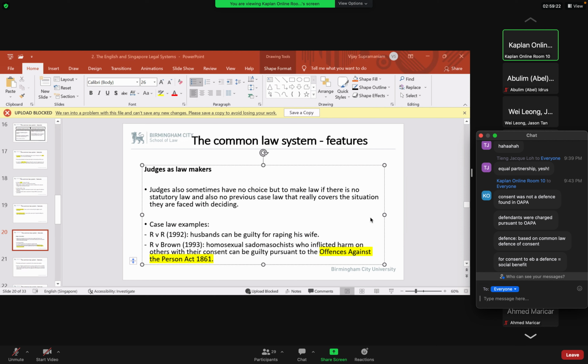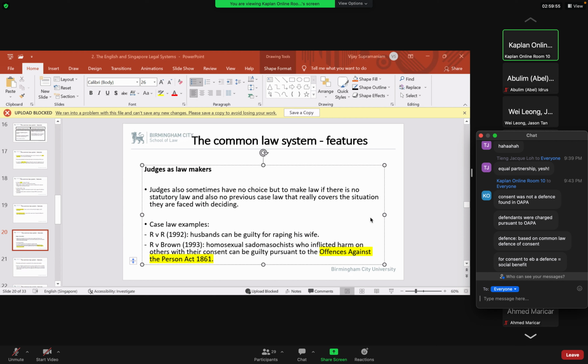Correct? The doctrine of precedent is so important because we want to comply with stare decisis to have certainty. In any legal system, we want certainty, right? But of course, whenever there's a need to make changes to the system, our common law judges will not hesitate and will definitely make changes as and when it is required.